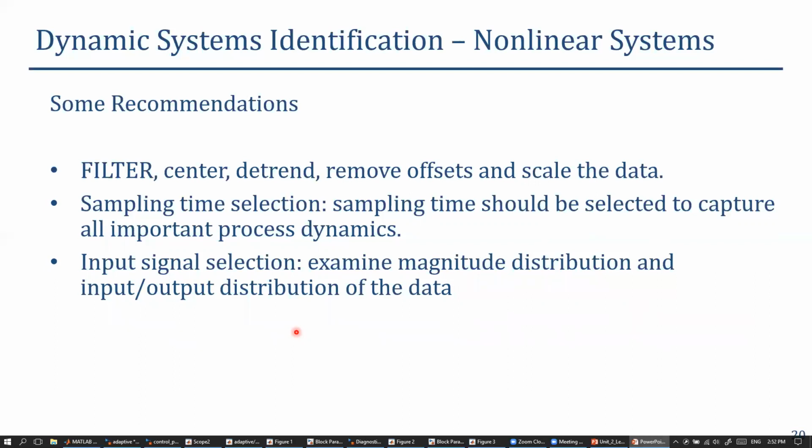You need to know what the input to the system is, what the output is, and what the disturbances are. And select the correct distribution of the inputs in order to excite all the frequencies of the output signal. Is this clear?